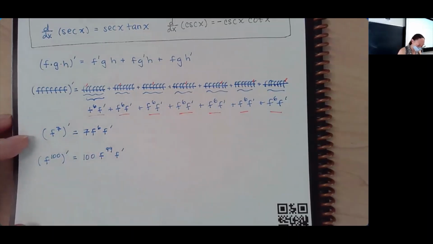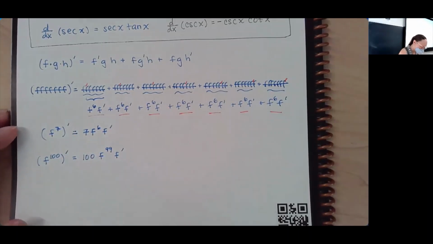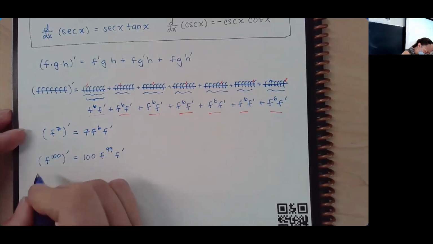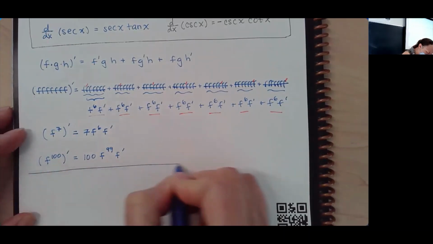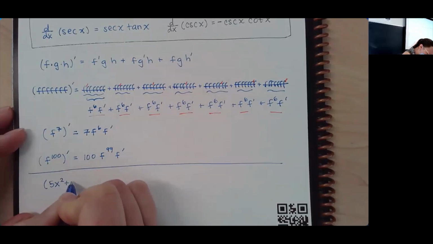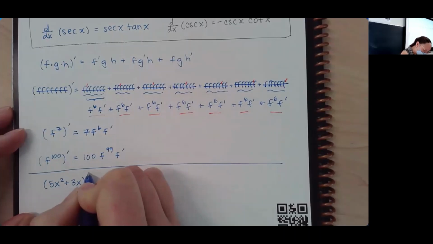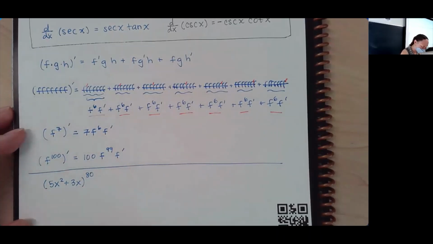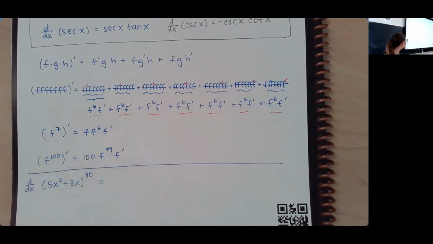But here's the part where you can start taking notes again. So if I've got some kind of function, like, let's say I had 5x squared plus 3x raised to the 80th power, and I wanted to take the derivative, I'm not going to write out 80 of those product rule things.